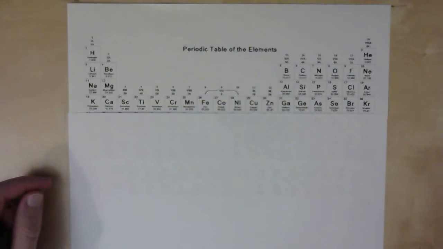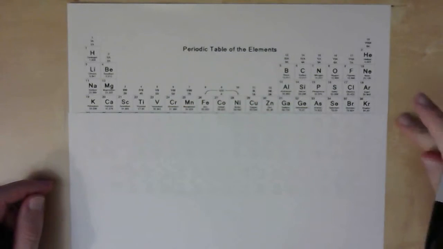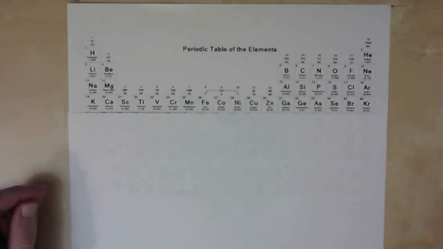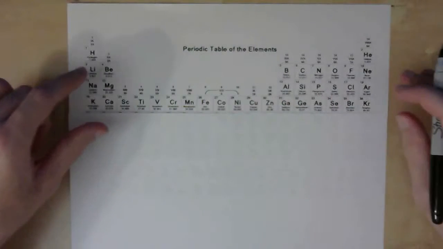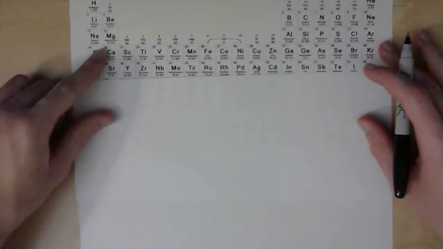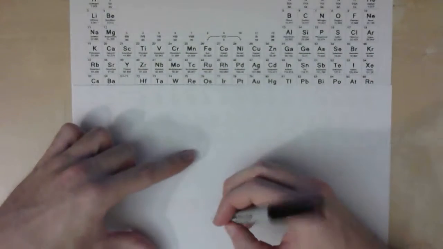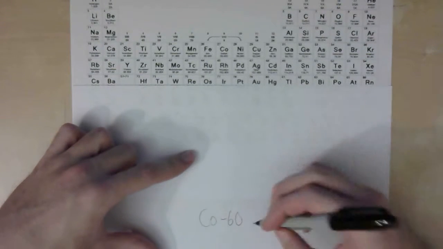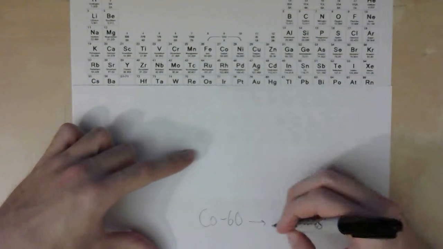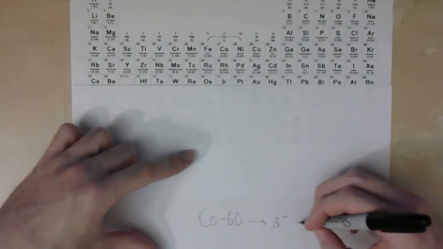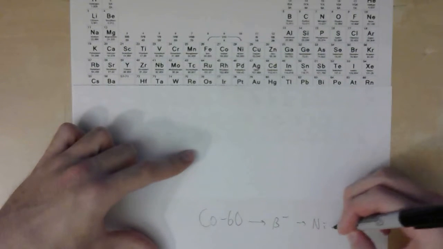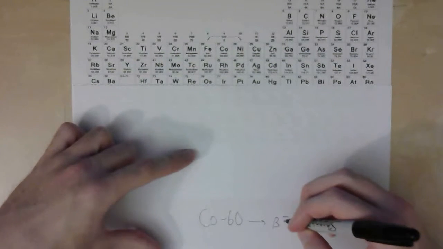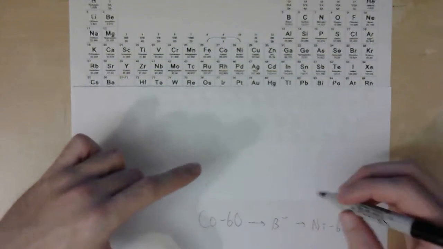It's a strong gamma emitter, so you can use that to focus in and kill brain cancer. Cobalt 60 decays through beta minus into nickel 60. So with beta minus, we gain an atomic number.